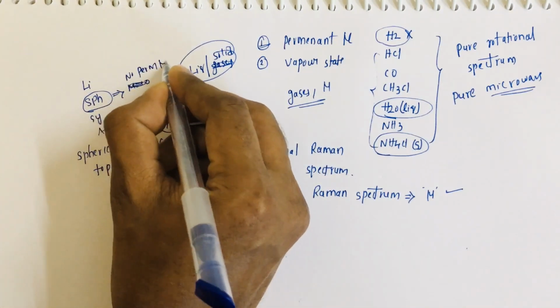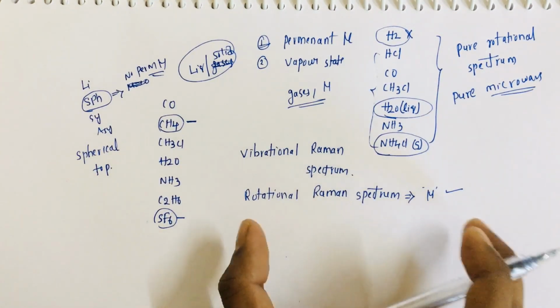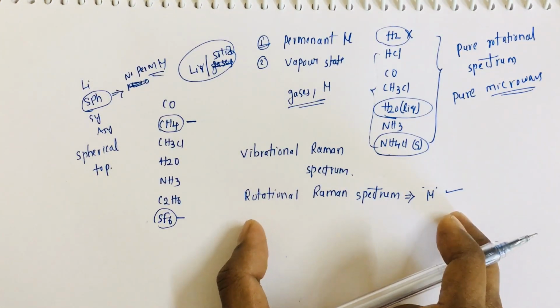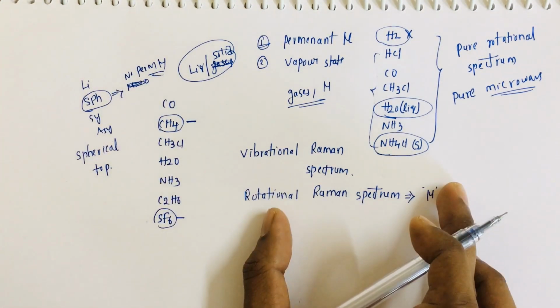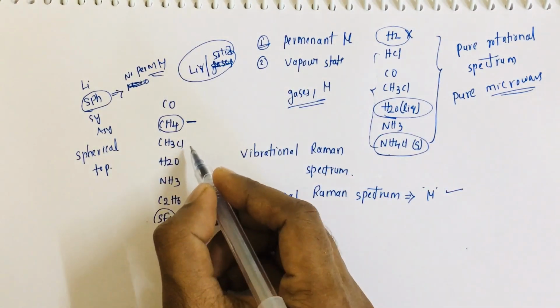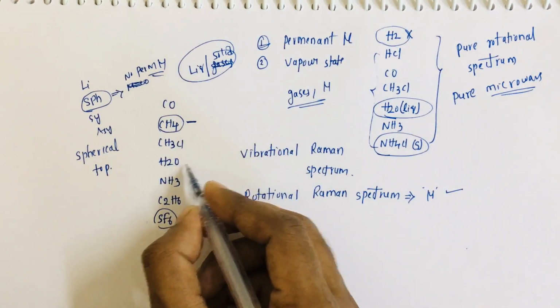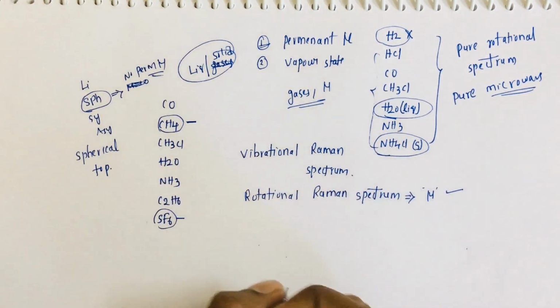Because of that, these two molecules are inactive in rotational Raman spectroscopy. The remaining compounds, CO, chloroform, water, NH3 and C2H6, are active in rotational Raman spectroscopy.